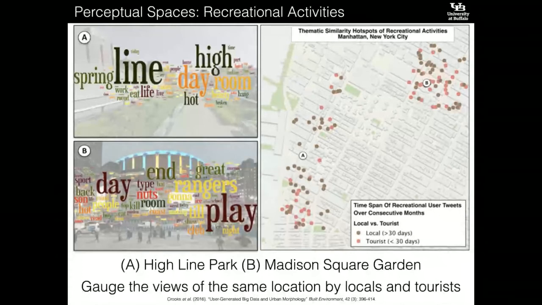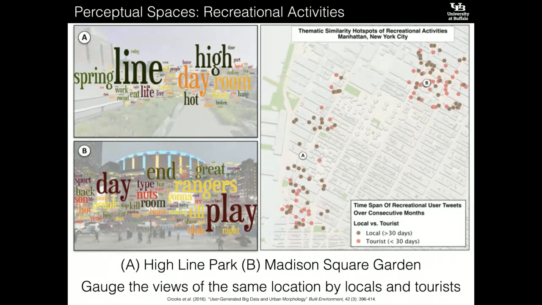We can see how different areas are being portrayed. So these are words associated with Highline Park, a nice walkway in New York City, an old railway line, versus, say, Madison Square Garden. And we can see different topics emerging, different types of events can be picked up in this analysis. It gives us an idea of these perceptual spaces, and what that really means is this is how people are perceiving the world.